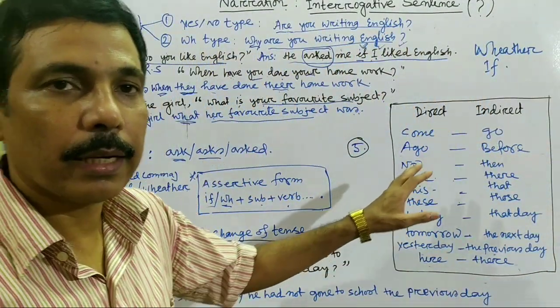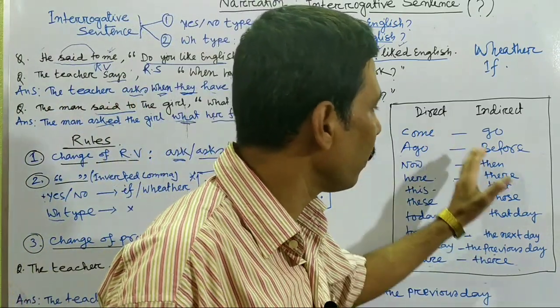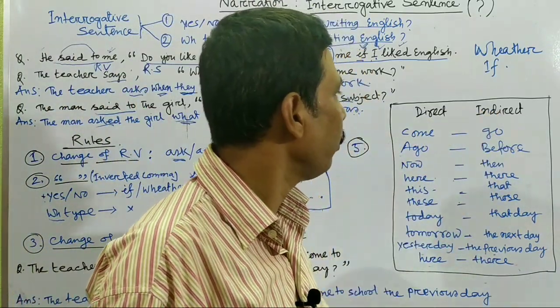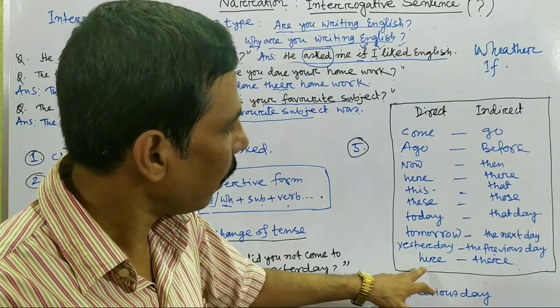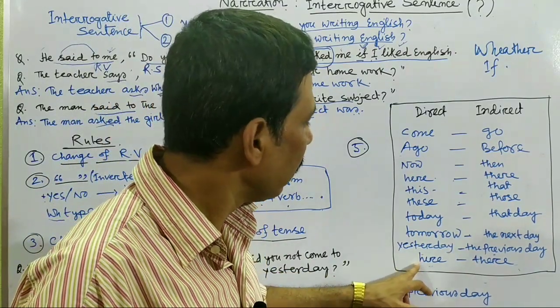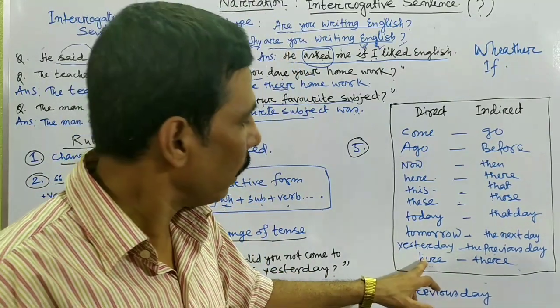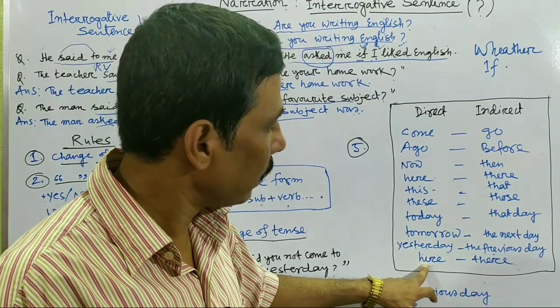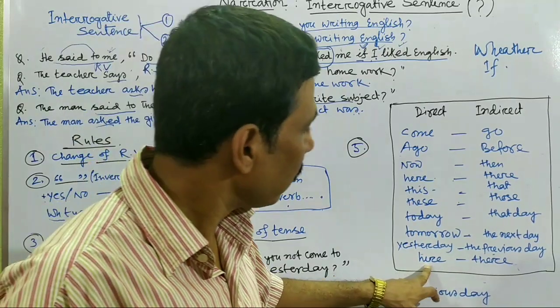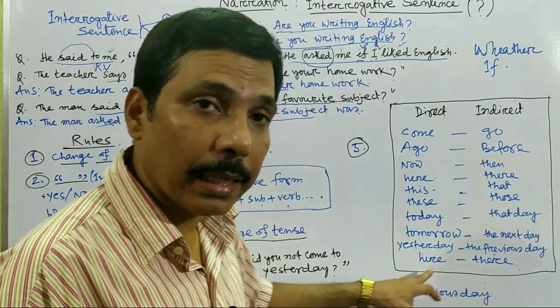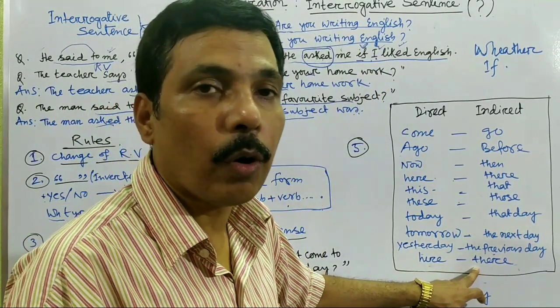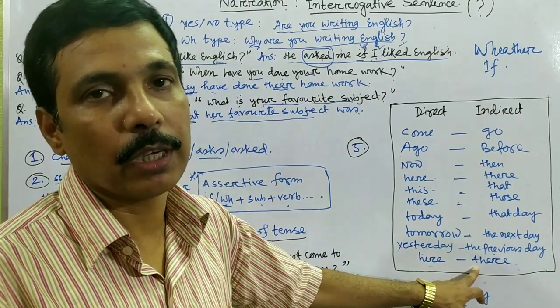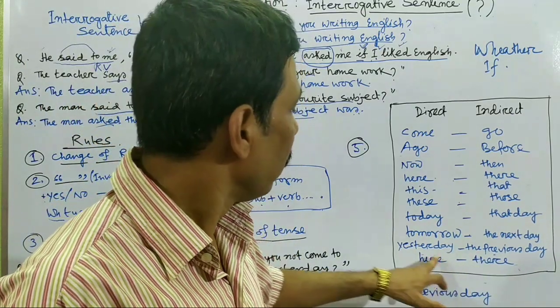There are some words, these words change from direct to indirect. I begin from the last: if you find here in the RS, here changes into there, but if you find there in the RS, there will not be changed, there remains the same.